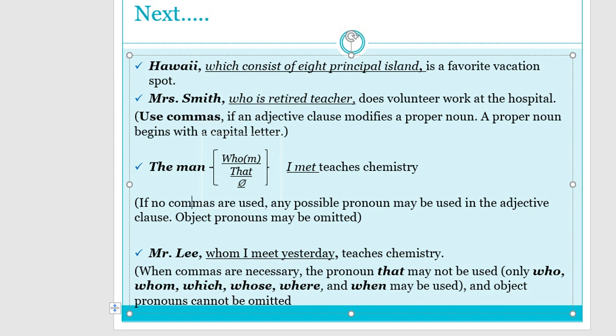Mr. Lee. "Mr. Lee, whom I met yesterday, teaches chemistry." Here the point is that the object pronoun cannot be omitted. Why? If we go back to the earlier sentence, "the man whom or that teaches chemistry," here we have a proper noun, so do you use a comma or not? Here we have to use commas, because "whom I met yesterday" is important information.